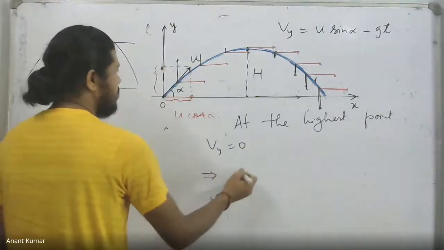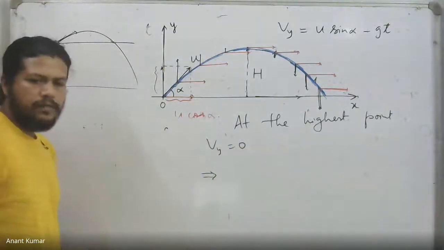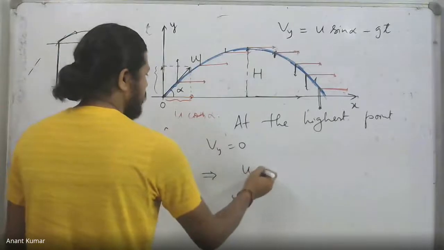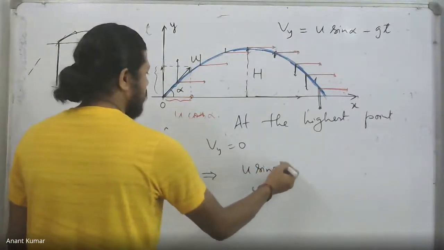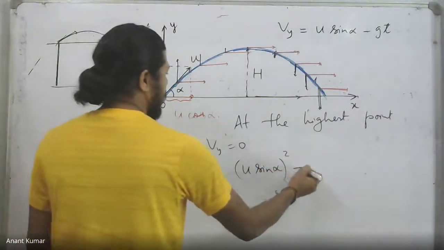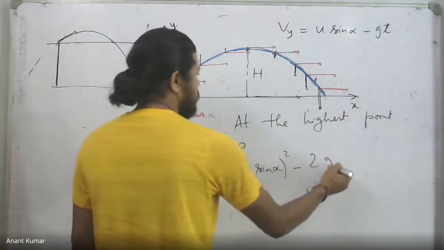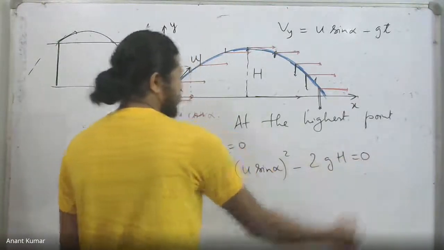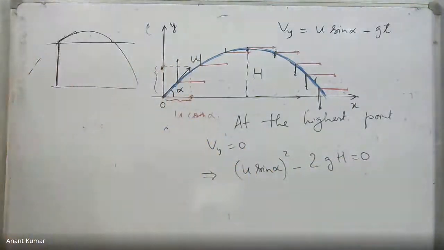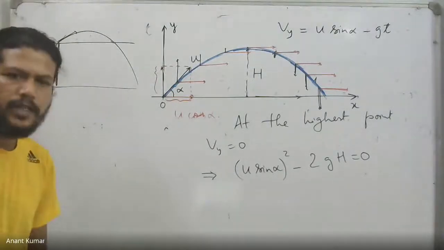That gives us the initial y velocity, u sine alpha, whole square, minus twice g capital H, which must be 0. We get 0 equal to u square sine square alpha minus twice gH.